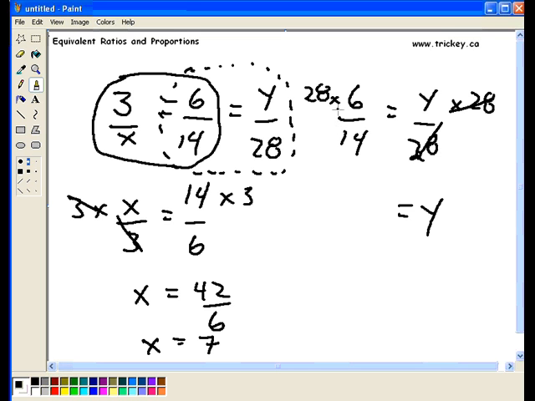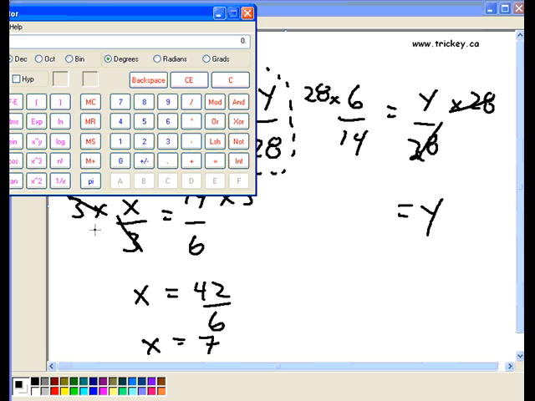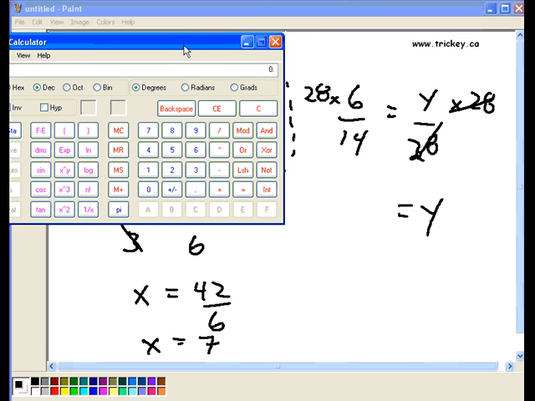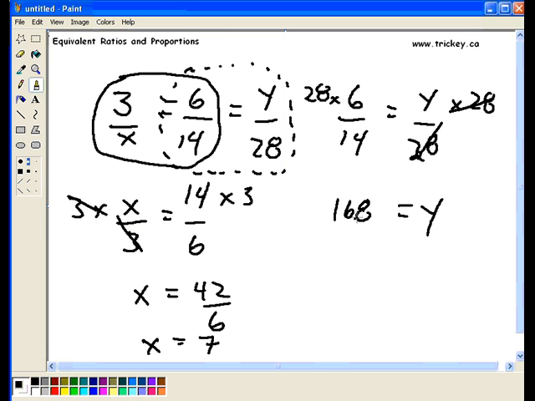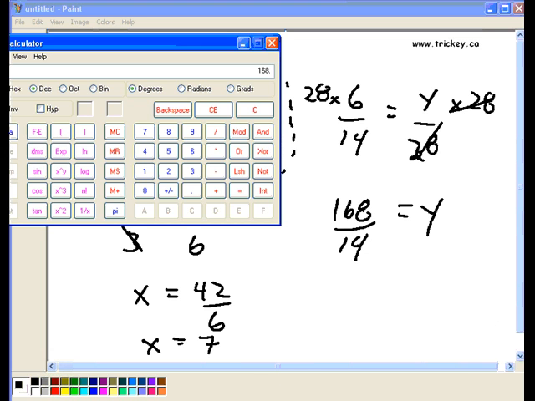On the left side, I have 28 times 6. Going to the calculator, 28 times 6 gives us 168. So 168 over 14. That's a divided by sign. Back to the calculator, 168 divided by 14 gives me 12.